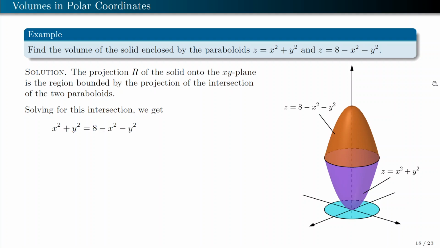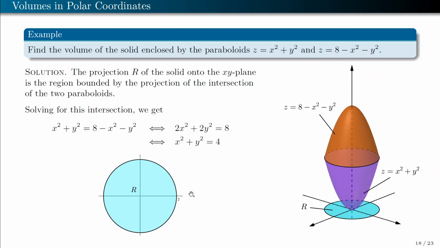Solving, we get this equation, and rewriting it by transposing and dividing, we get x squared plus y squared equals 4. So we showed algebraically that their intersection, and therefore this region, is indeed a circle, and we also found its radius. With this, the projection of the solid is a circle centered at the origin of radius 2.